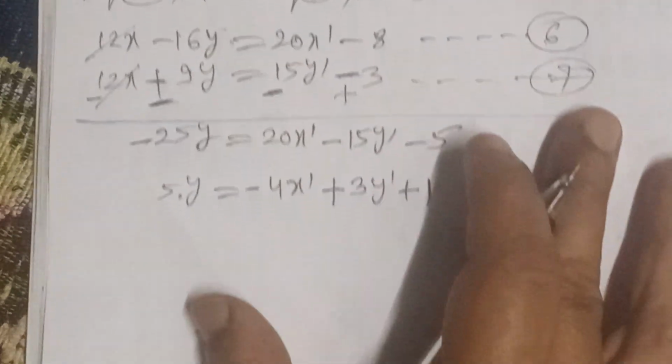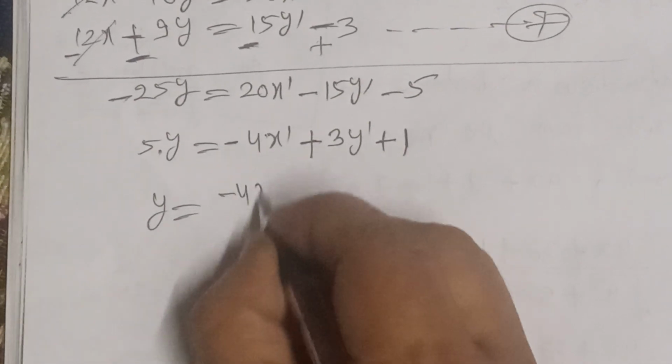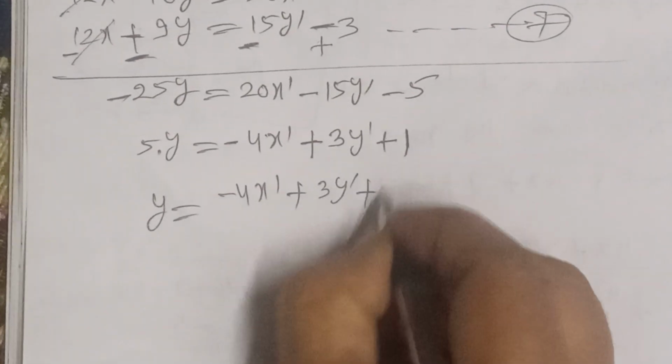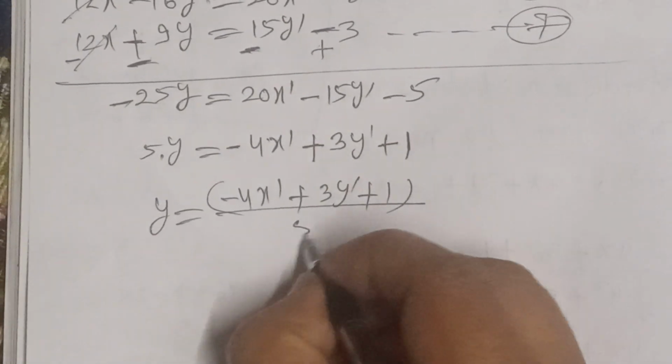On finding the value of y, we divide the whole equation by 5. You can also divide the whole equation by minus 25 and get this value directly.